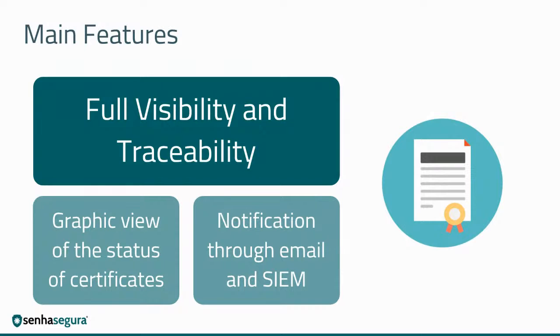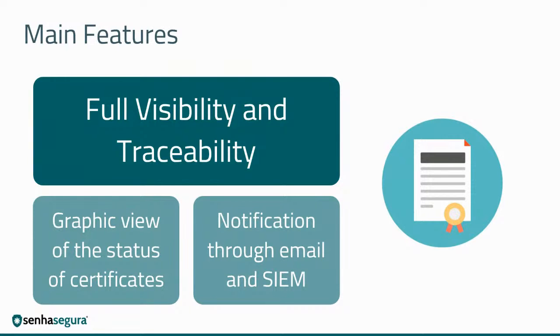Reporting and dashboard capabilities offered by Senha Segura allow the graphic view of the status of certificates, like for example, which ones use encryption that is non-compliant with the information security policies in the organization. Senha Segura also allows, for instance, the sending of automatic certificate alerts, and those alerts can be sent through email or even SIEM syslog.